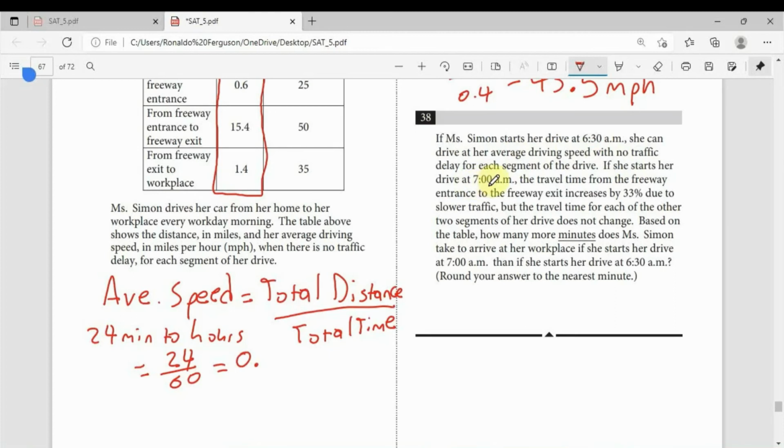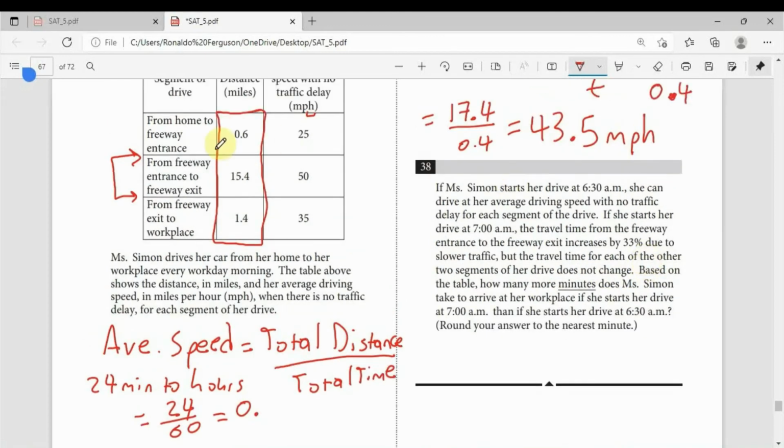If she starts at 7, the travel time from the freeway entrance to the freeway exit increases by 33% due to slower traffic. But there's no travel time difference between the next two segments. Based on the table, how many more minutes does Miss Simmons take to arrive at her workplace if she drives at 7 a.m. than if she drives at 6:30?